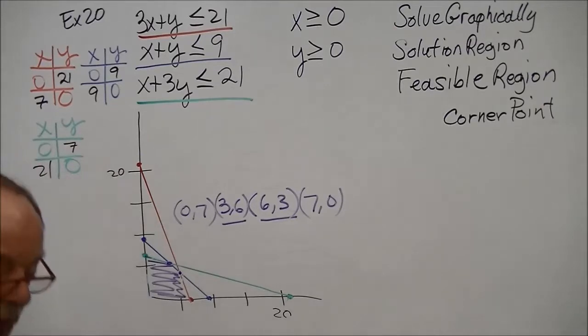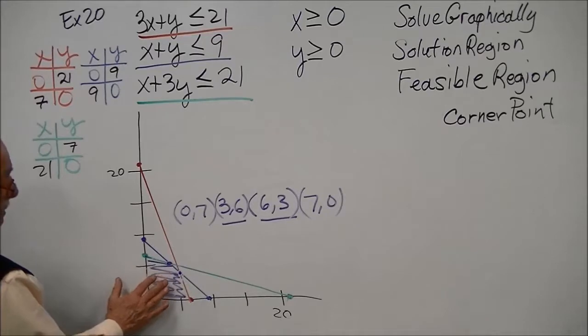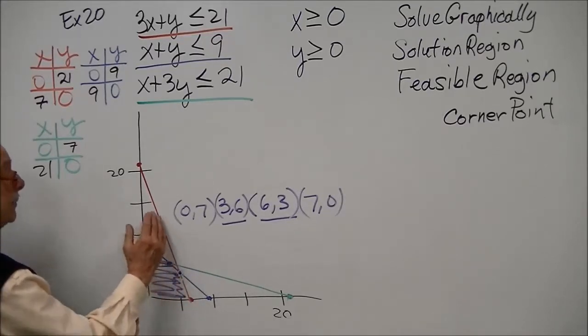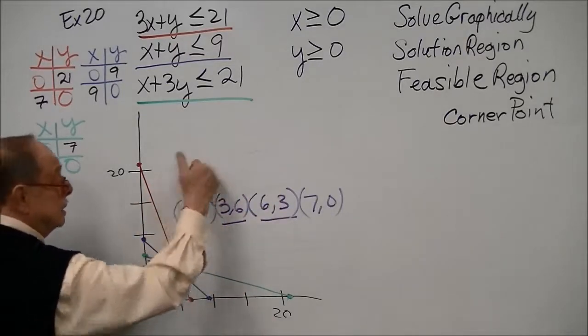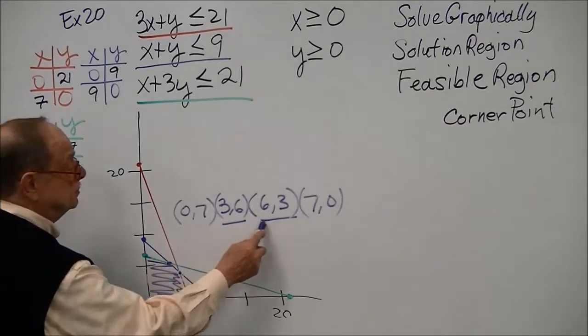One of the words they ask here is, are the regions bounded or unbounded? Well, in this case, since it's within this area, it's bounded. If it were out here, it would be unbounded. So we didn't mention that word before, so a good thing. And then what are the corner points?